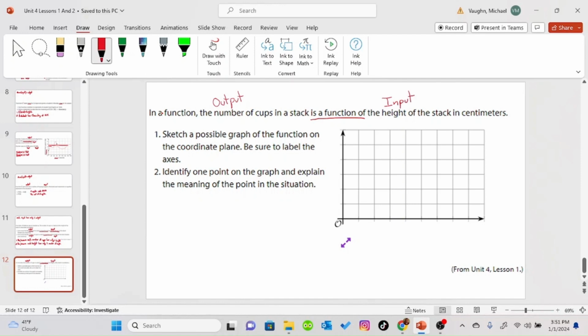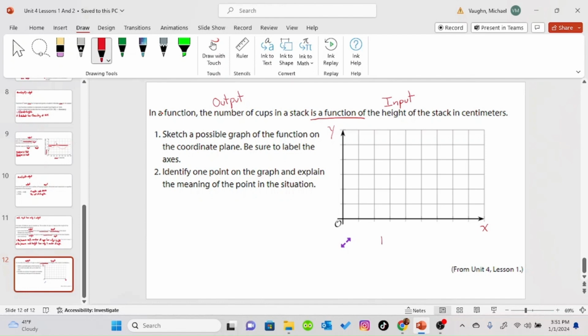Number 1, sketch a possible graph of the function on the coordinate plane. Be sure to label the axes. So, our x and our y axes, the x-axis is your input or your independent variable.